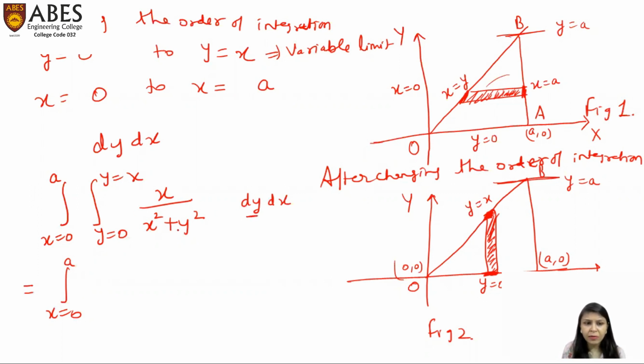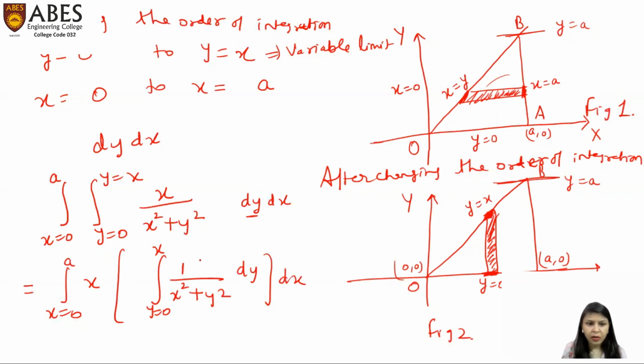Whenever we integrate, we always start with respect to the variable limit. So x times integration of 1 upon x square plus y square dy, and the limit of y is 0 to x, dx, with x from 0 to a.